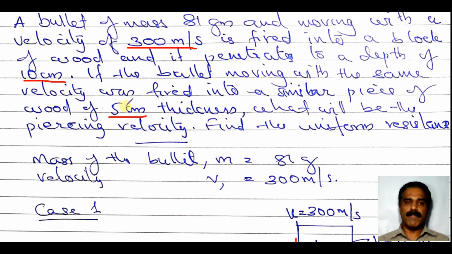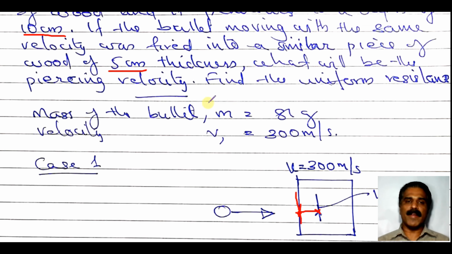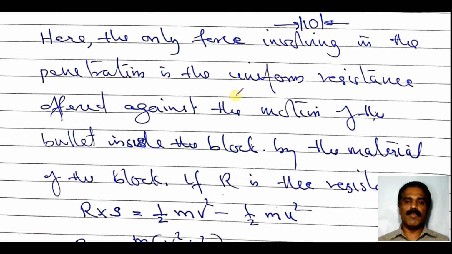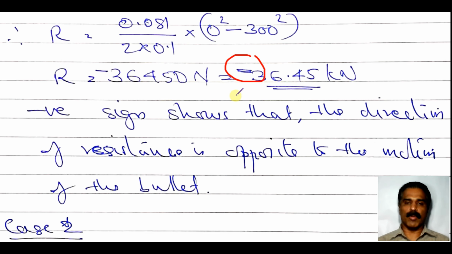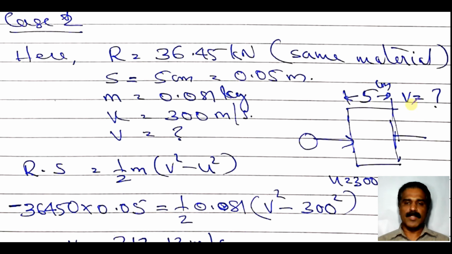But if it is only 5 centimeters thick, meaning the hitting velocity is the same, definitely the bullet should come out of the block, isn't it? So we need to find with what velocity it will come out of the block. Here I have drawn another figure in which the bullet is striking this surface at this point with a velocity equal to 300 meter per second.